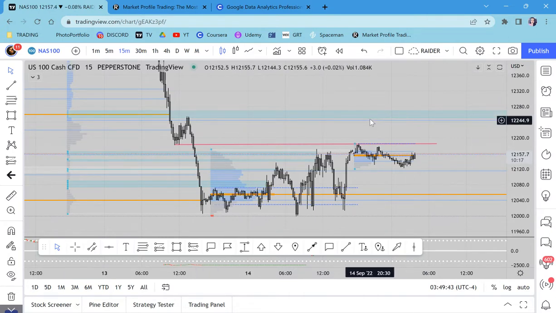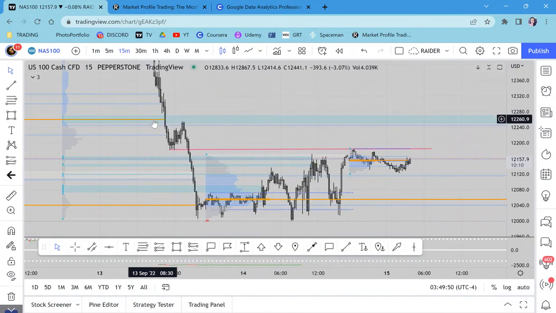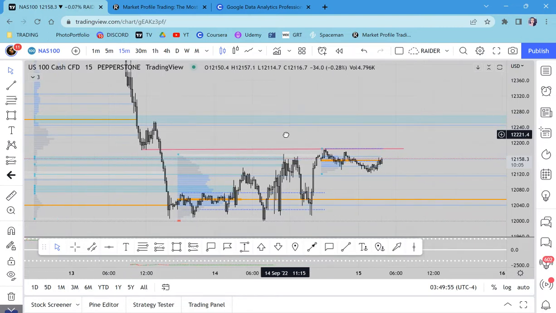It's interesting too, because this was a POC from before, but since it's already been violated, it's probably not going to be considered valid. But that is definitely something still to take into consideration, because this is a lot of heavy area I would pay attention to.